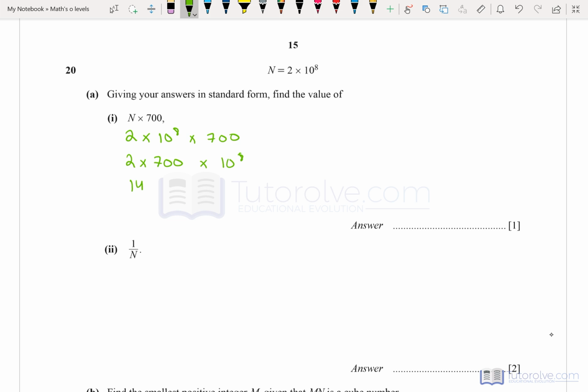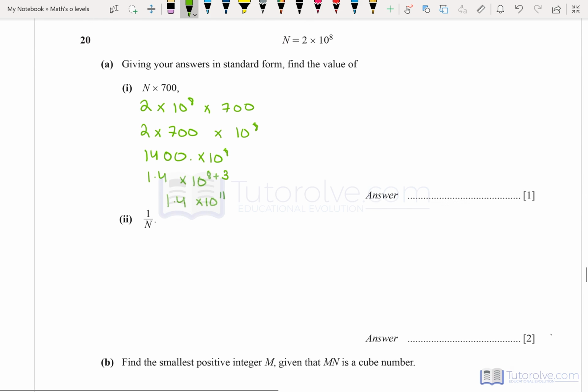So this is going to be 1400 times 10 to the power 8. Now 1400 is not in standard form, so the decimal needs to move back 3 places to give 1.4, and because it moved back 3 places, we add 3 to the power. This is 1.4 times 10 to the power 11.